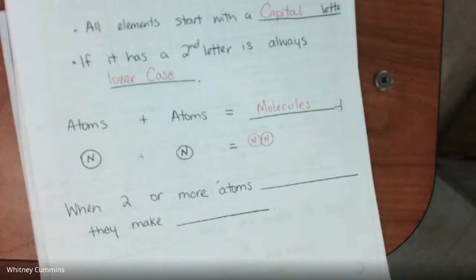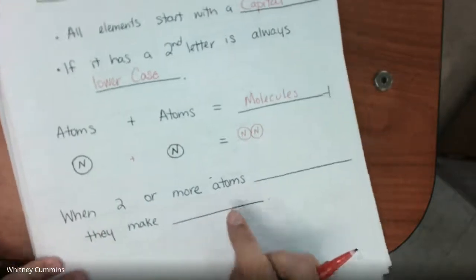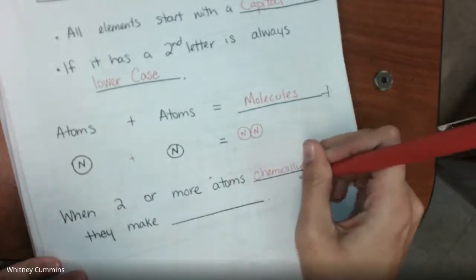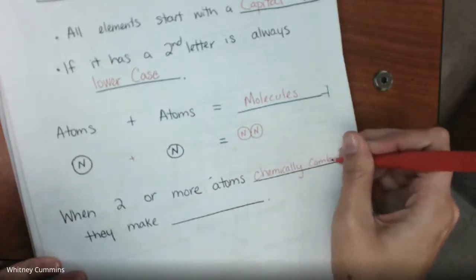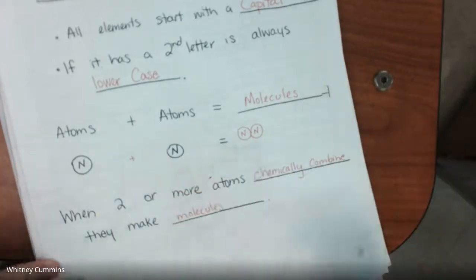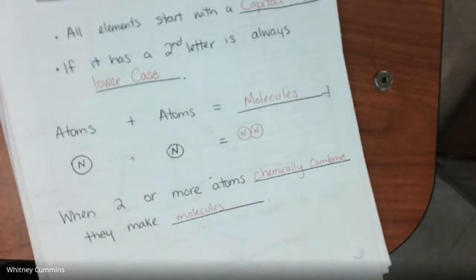This is how we get more stuff on the earth than 118 things. Remember, there are only 118 types of elements, so they have to rearrange themselves and be friends with other atoms so that you can make new stuff. When 2 or more atoms chemically combine, we get these things called molecules.